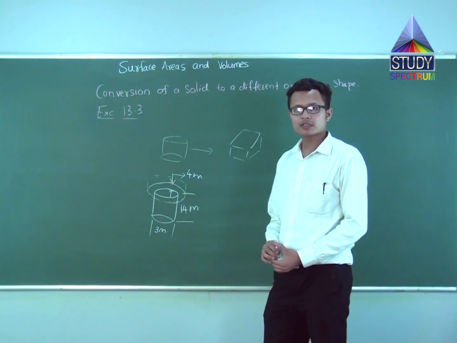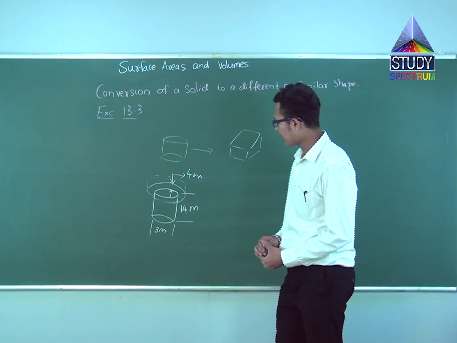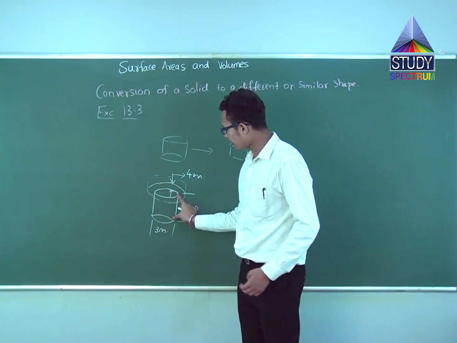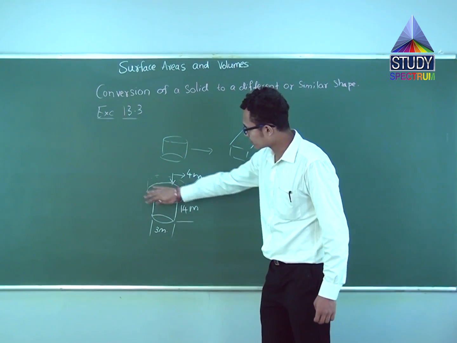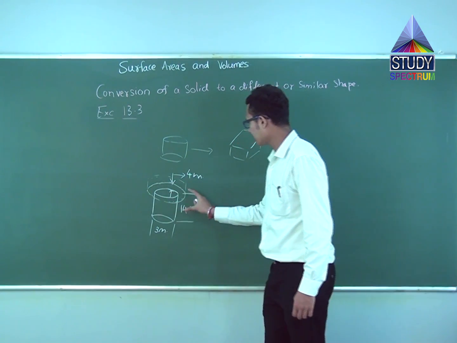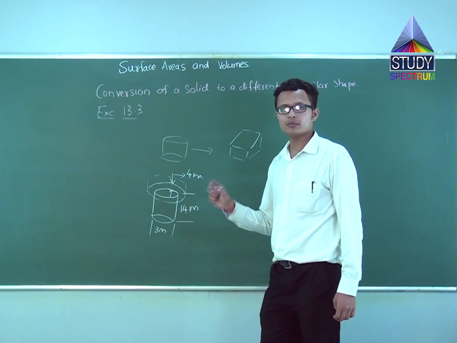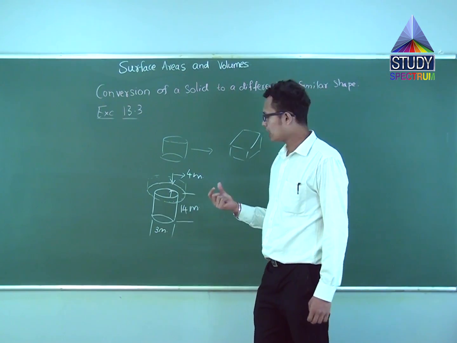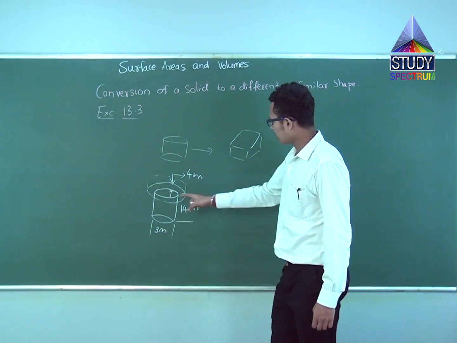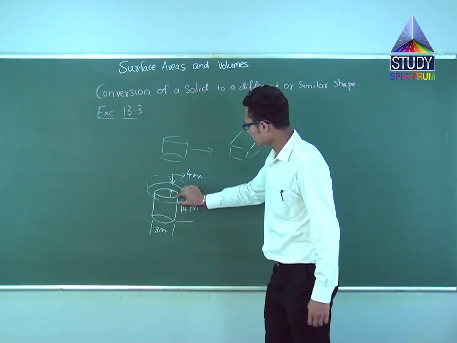Again, from the law of conservation of volume, you will have the volume of the cylinder or the well equal to the volume of this ring. After writing the law of conservation of volume as a mathematical expression, we get only one unknown term, and that unknown term will be the thickness of the ring.